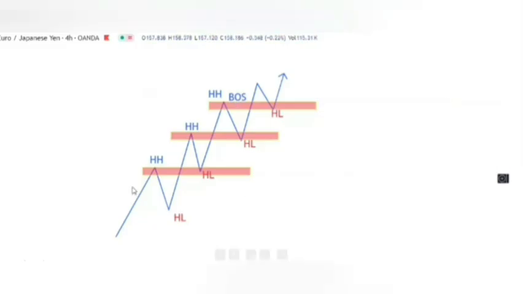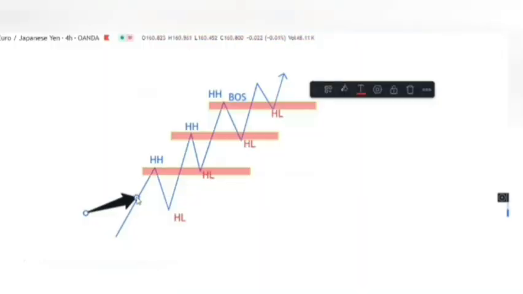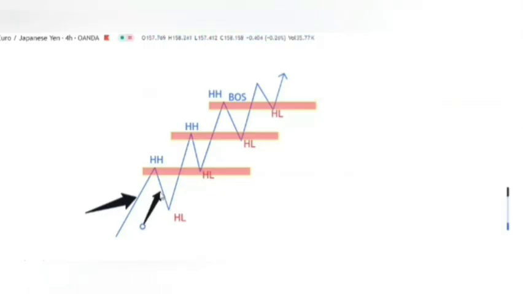So this is the first example. What we have here is an impulse leg, and this is a correction. This becomes our correction here, or retracement.